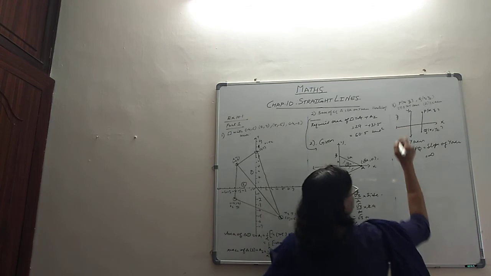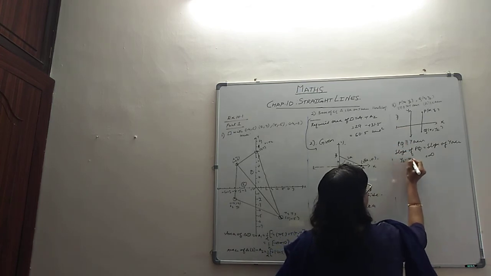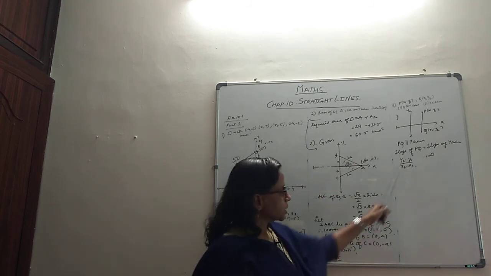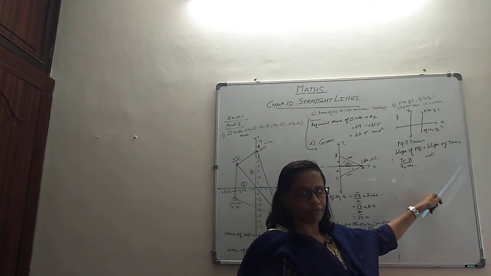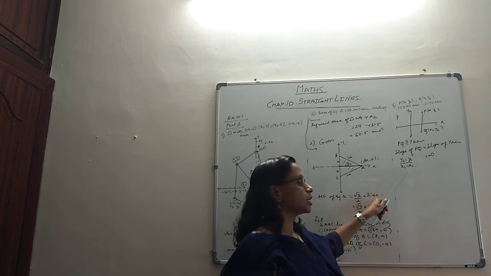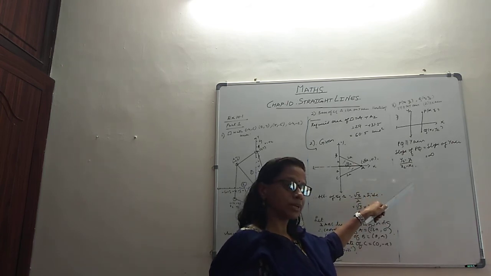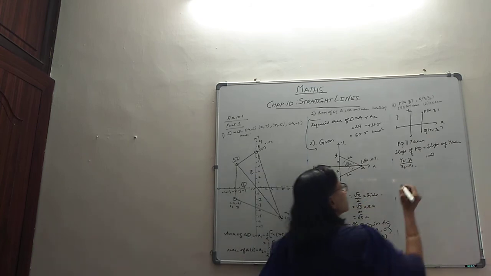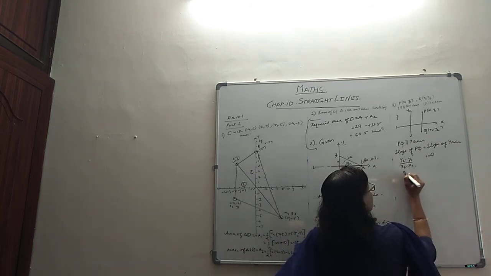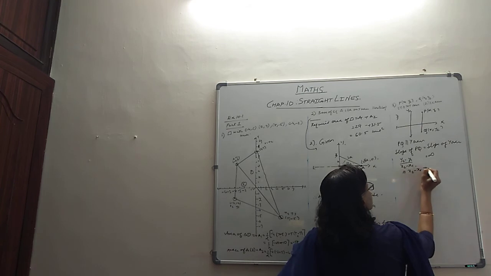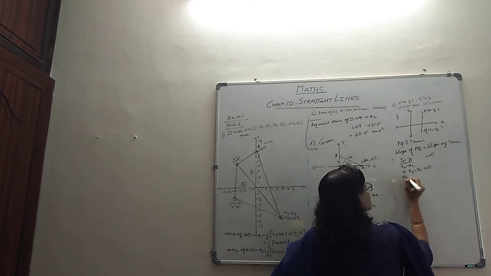And the slope of PQ by formula we know is y2 minus y1 by x2 minus x1. Now this expression becomes infinite or undefined only if the denominator becomes 0. Otherwise it will not happen. So the denominator is becoming 0, which means that x1 equals x2.